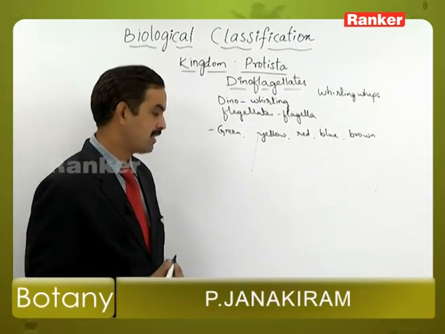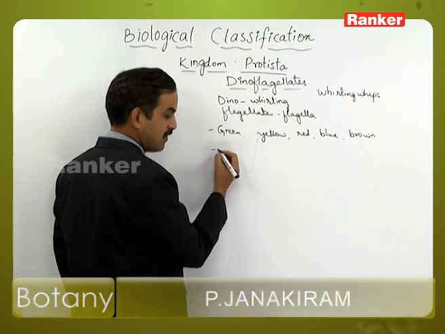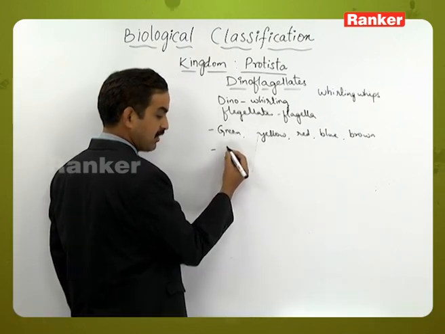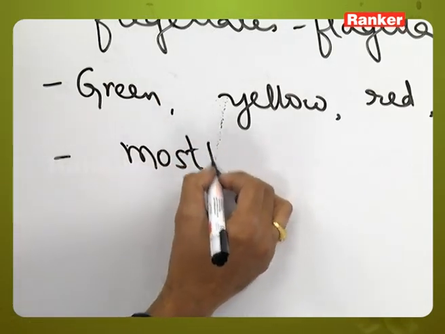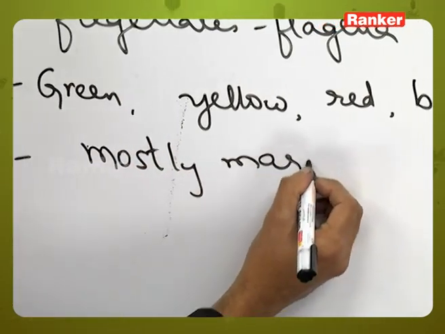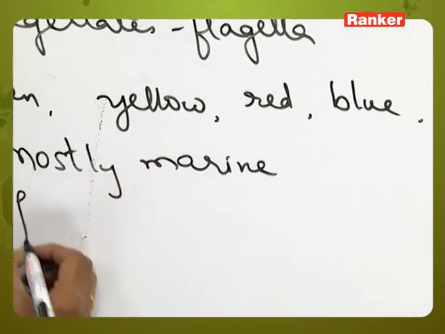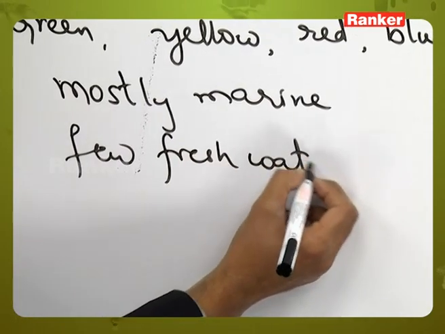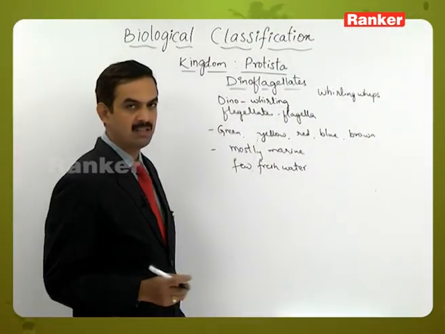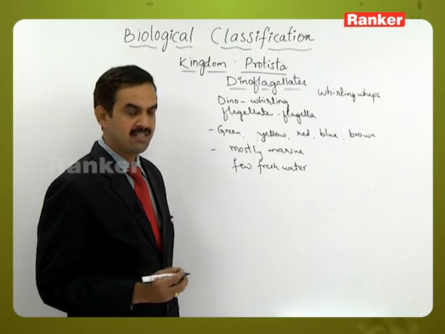And if you observe the occurrence, these are mostly present in the aquatic environment, mostly in the marine environment, and very few are freshwater. Majority of them are marine in nature.